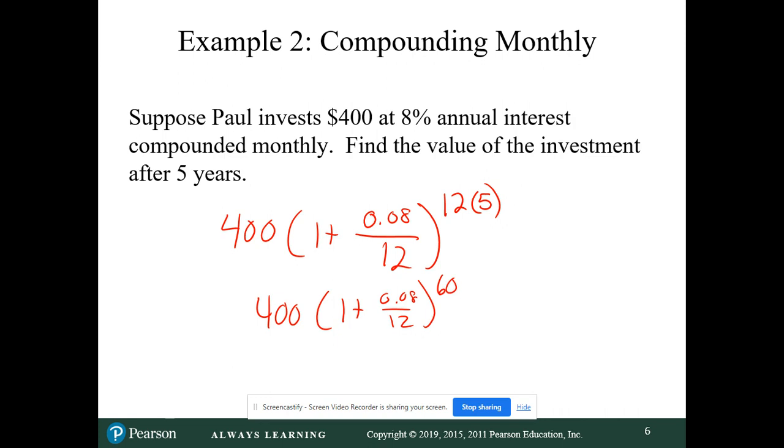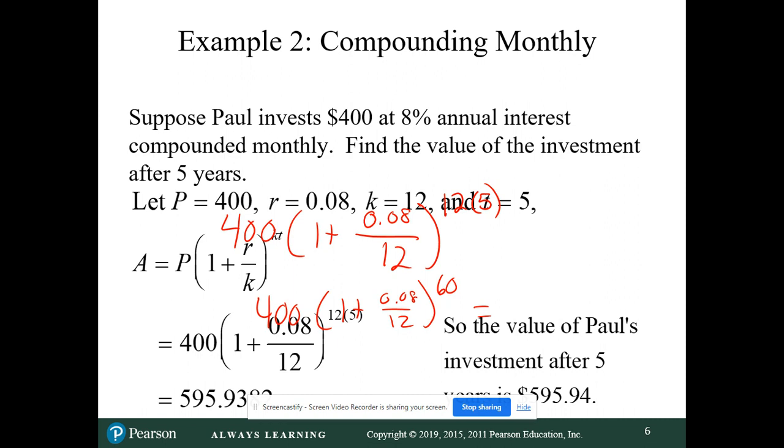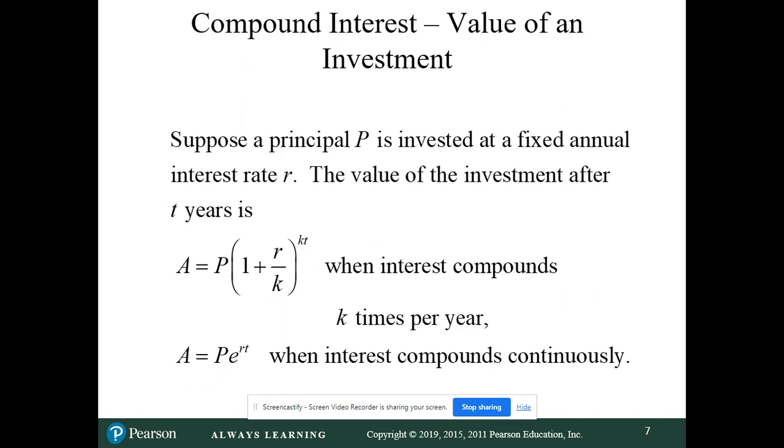If we put that in our calculators and do the math, we get $595.94. So they made $195.94 on their investment. 8%, none of us are getting 8% in the bank, but hey, we might get 0.3%, but whatever.